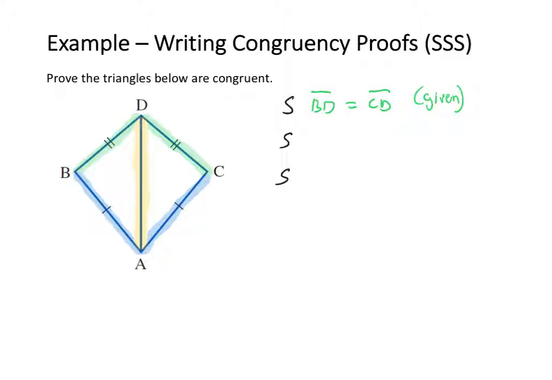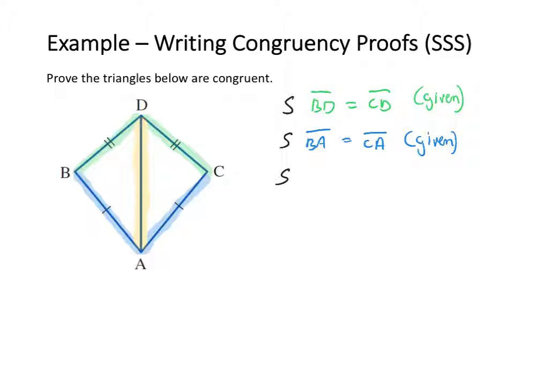So now I want to look for another pair of sides that are equal. So side BA is equal to side CA, and again that information is given to us. My last side that I'm going to include in my proof is side DA.